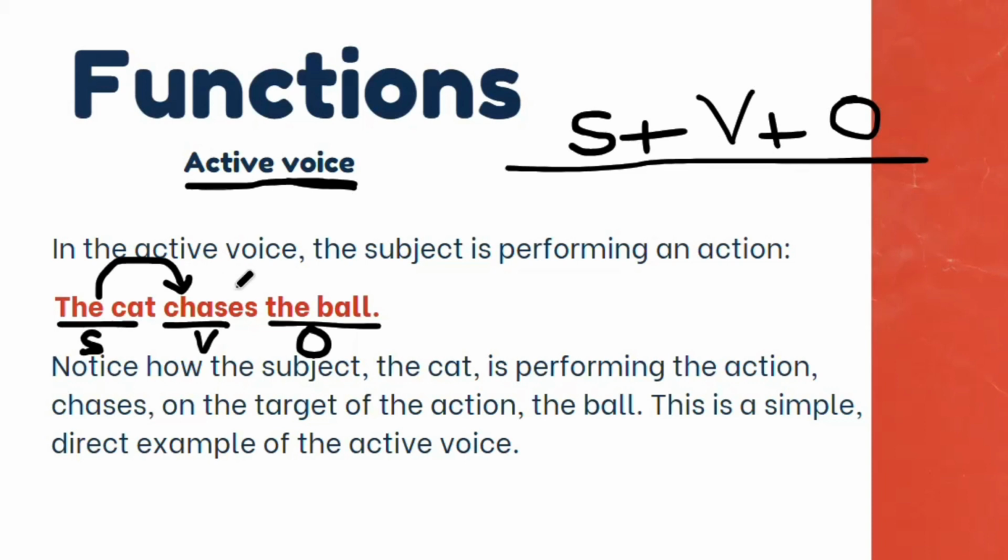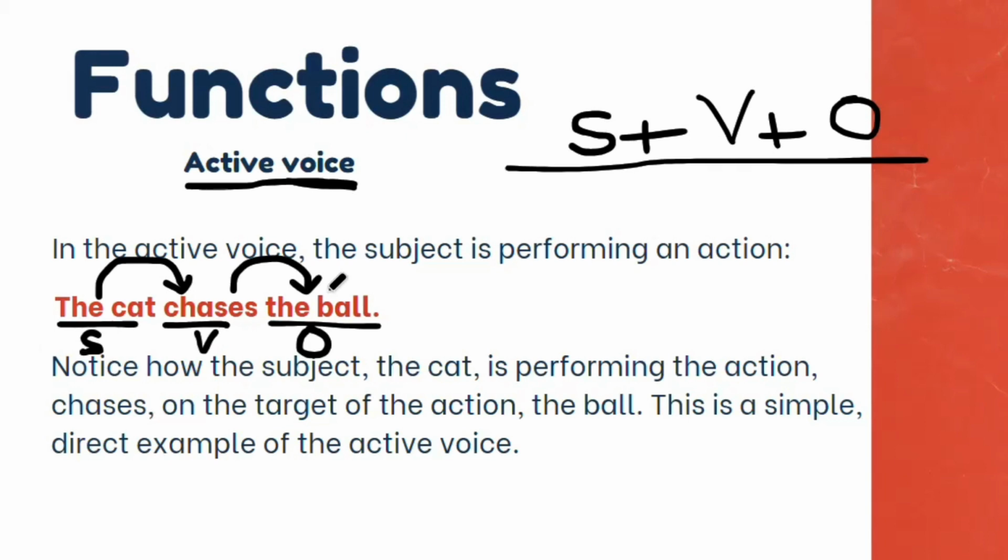And this action is received by an object, that is the ball, right? So subject means who or what is doing the action. Verb is the action itself, and object is the receiver of that action. So in this sentence, the cat chases the ball. The cat is performing an action and the object is just receiving the action of the cat.